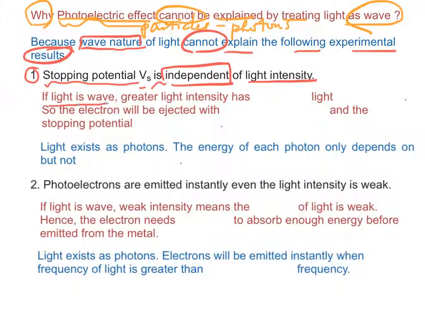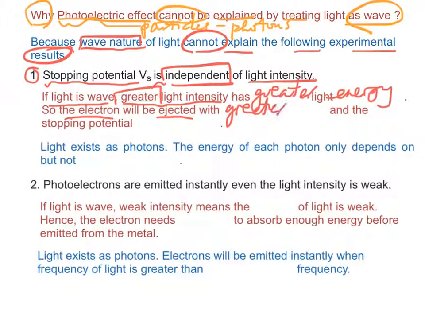If light is a wave, greater light intensity means we have greater light energy. So the electron will be ejected with greater kinetic energy. Therefore, it should have a greater stopping potential.